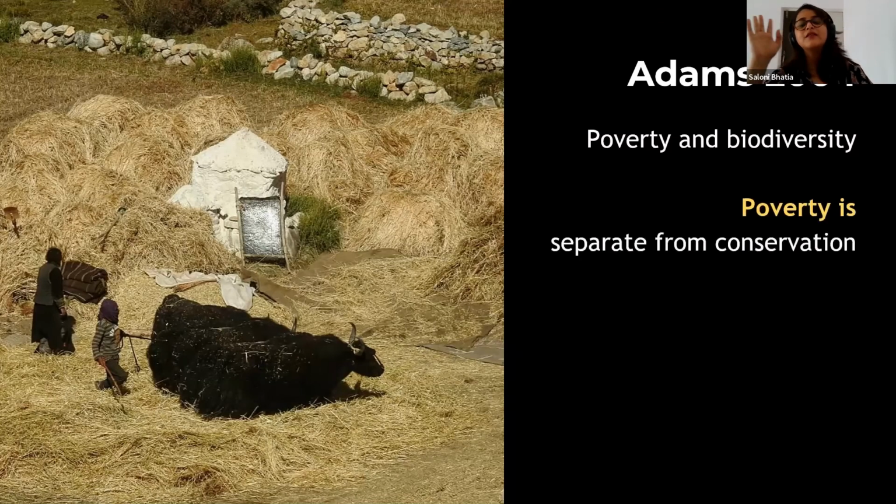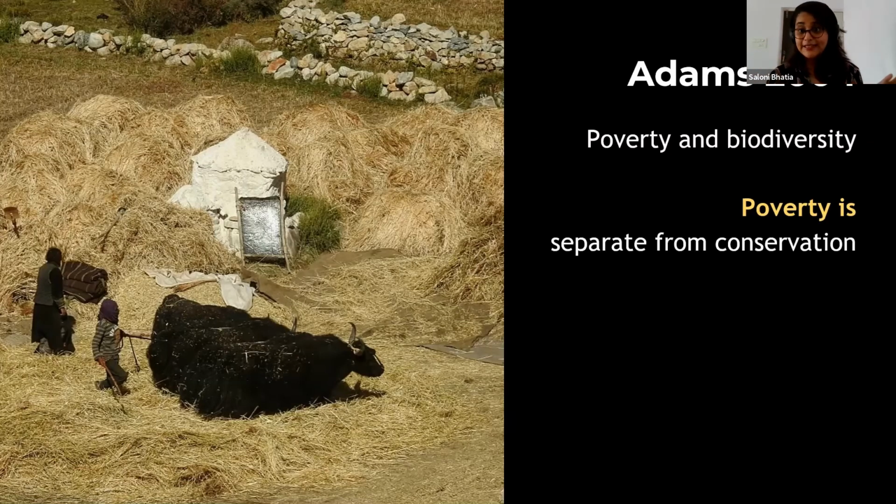What Adams says is there are typically 4 categories or 4 kinds of links between poverty and biodiversity conservation, or rather how conservationists approach poverty. One is a view within the conservation community that poverty is separate from conservation, and therefore they can both exist parallelly.